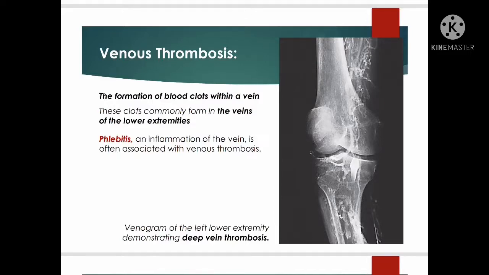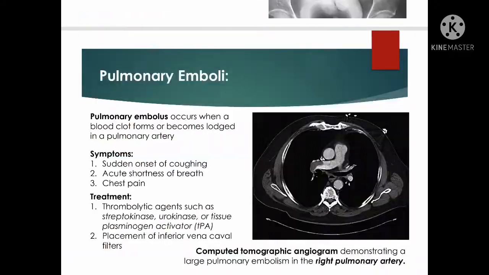Thrombus formation generally begins in the valves of the deep calf veins, where thromboplastin traps RBCs to create a blood clot. So sonography is used to determine location and extent of this venous thrombosis. Phlebitis is an inflammation of the vein, and it is often associated with venous thrombosis.